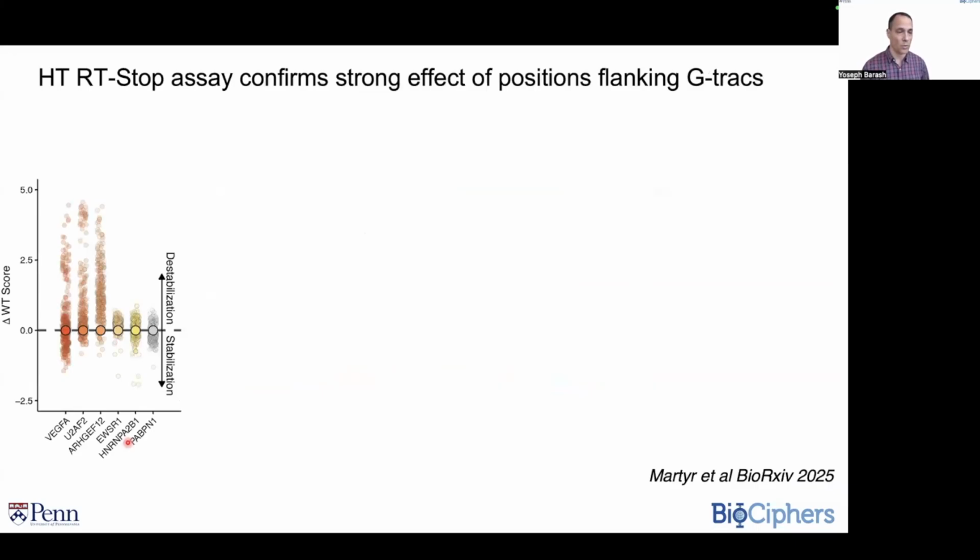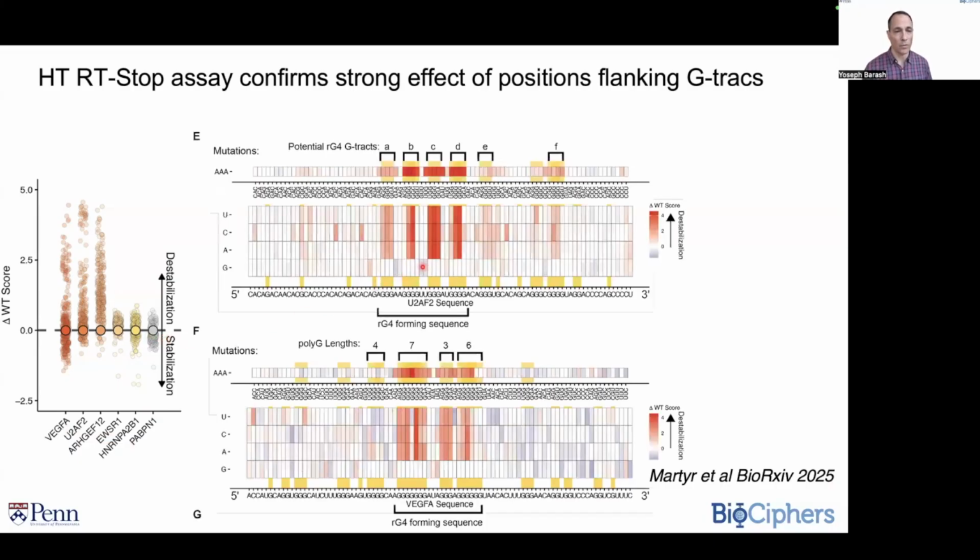And what you see here on the x-axis are 6 different wild-type G-quads that are known to form G-quads, and they introduced thousands of mutations around all of them. And you can see that some of them increase and some of them decrease the score. And again, the dashed line is sort of the wild-type baseline for forming G-quads. And here are 2 examples of them, right?